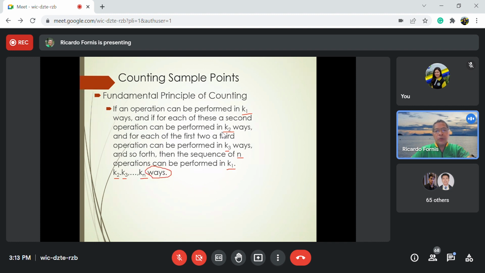So this is how to calculate the number of possibilities. We call it the principle of counting because we don't have to count one by one, and we just rely on the formula, which is multiplication.